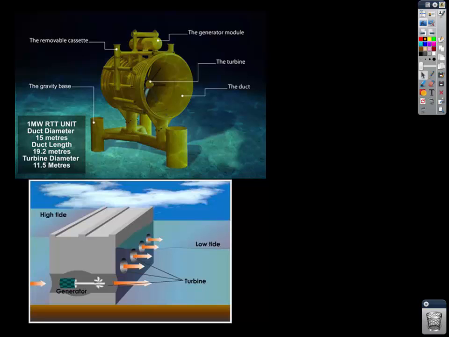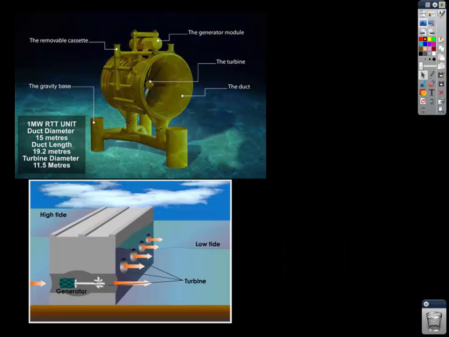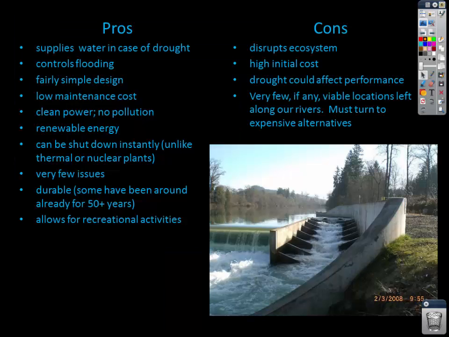Like I said, it's just too expensive at this point. We're not desperate enough to be willing to spend these huge amounts of money. However, there would be advantages and disadvantages, just like hydroelectric dams. So we'll have to wait and see if this type of hydroelectricity takes shape in the future.